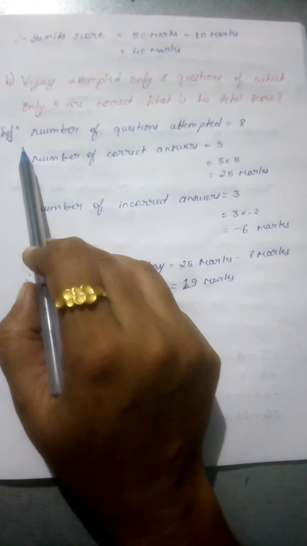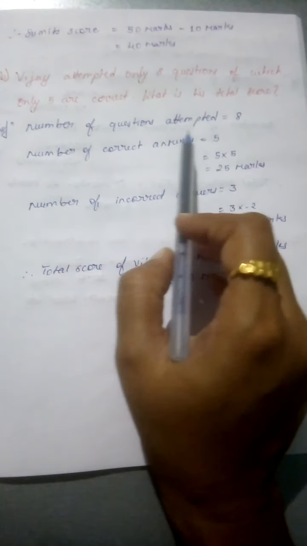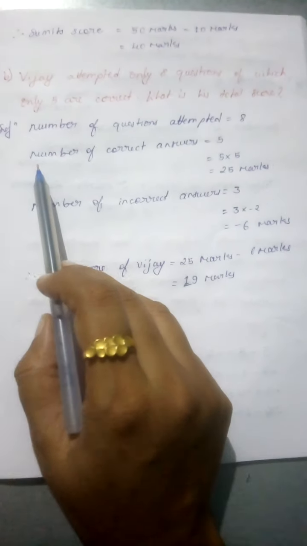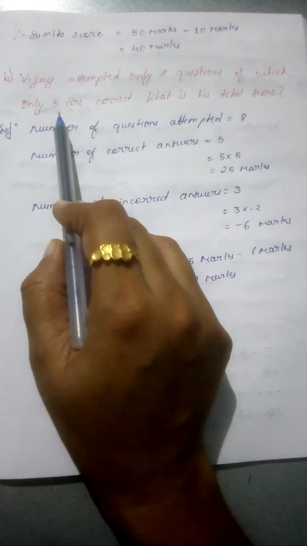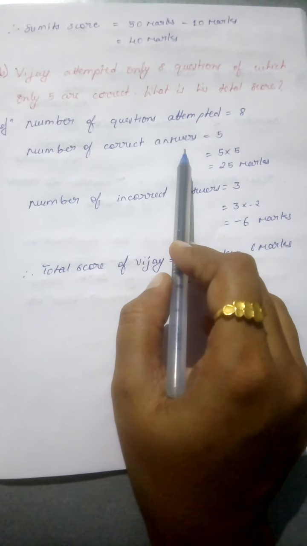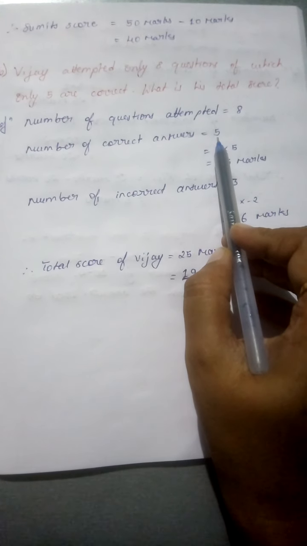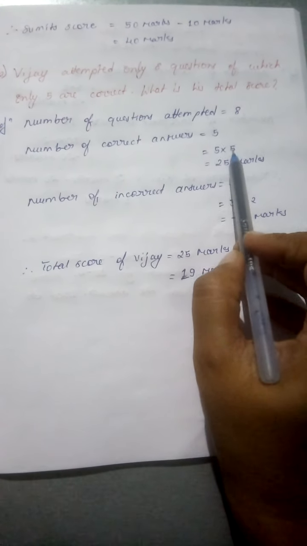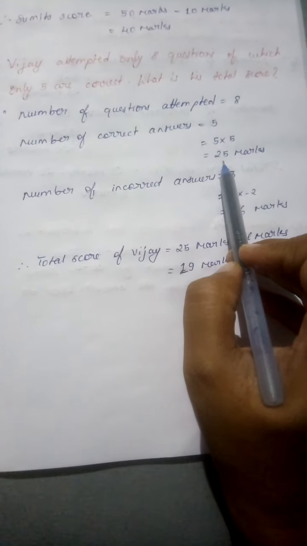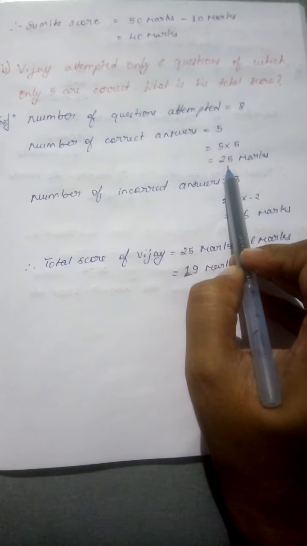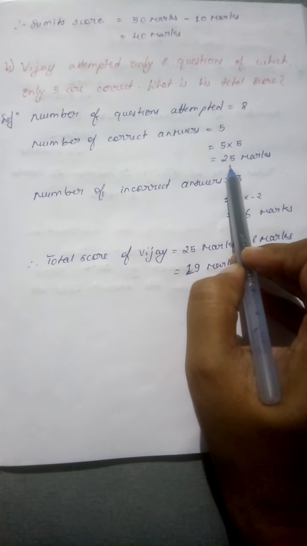In the solution we write the number of questions attempted, that is 8. From those 8, the number of correct answers is 5, and for a correct answer 5 marks are awarded. So 5 into 5 equals 25 marks. Vijay got 25 marks for correct answers.